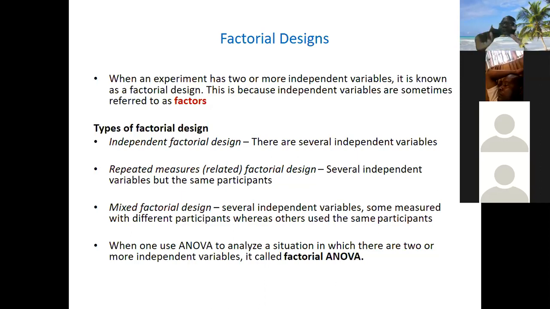The black and white factor is independent, while giving the Viagra to the same set of people repeatedly is repeated measures. In that case, that's a mixed design, a mixture of independent design and repeated measures design.